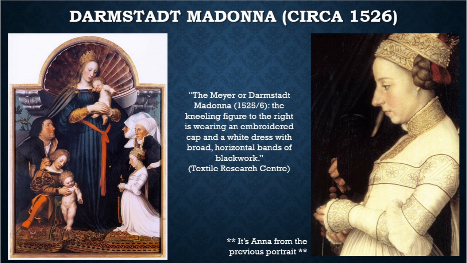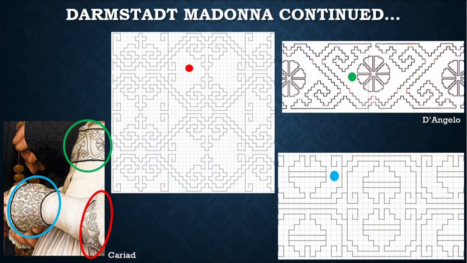The Darmstadt Madonna was painted in 1526, and the portrait has more details as far as the embroidery. She also has embroidery around her collar as well as on the dress. So much so that here I have enhanced the picture more and color-coded it. The pattern in red is right around her elbow.